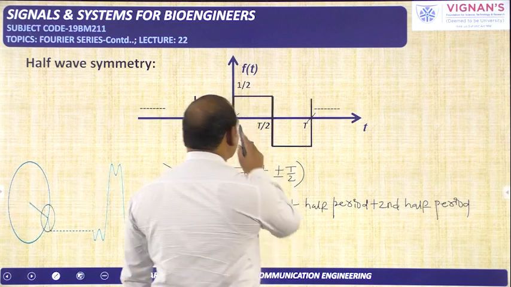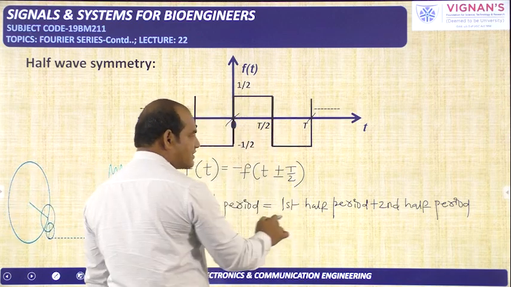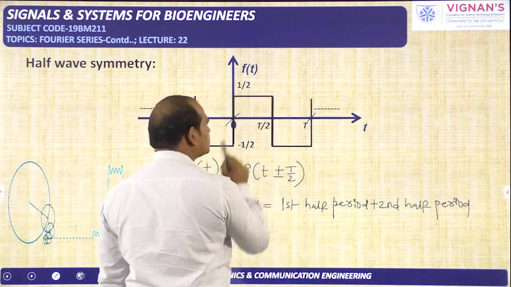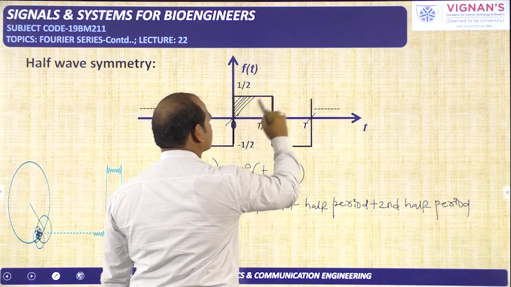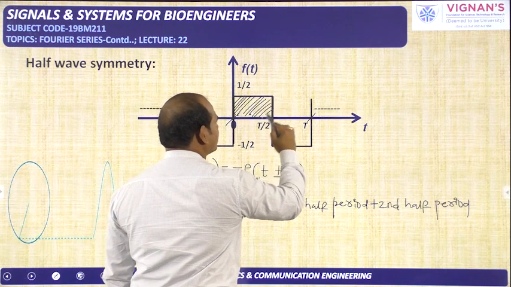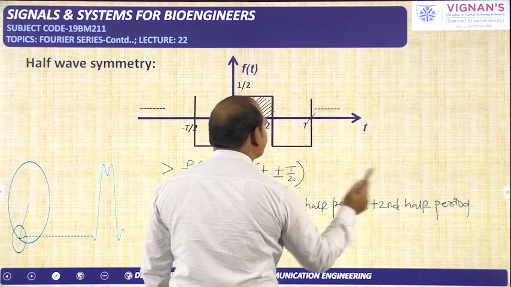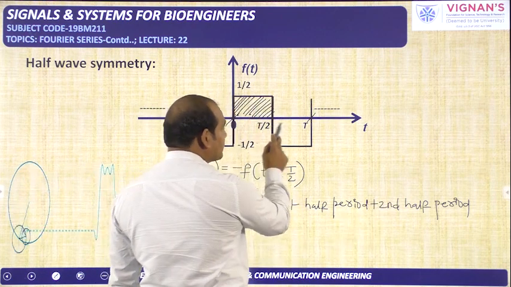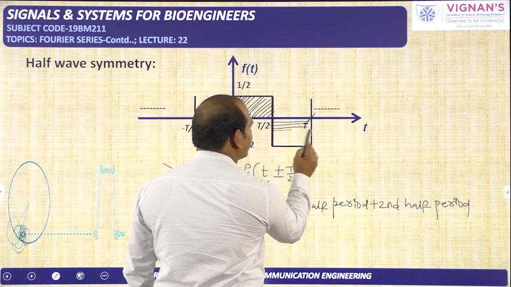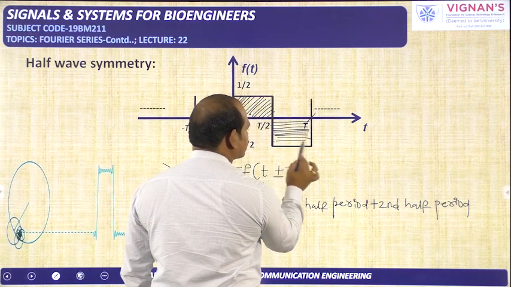Full time period means from 0 to capital T. First half period means 0 to T by 2, that is this one. Second half period means from capital T by 2 to capital T. So this is the second half period.